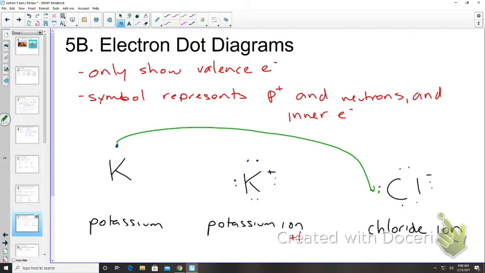And then you could get a compound, potassium chloride, okay? So again, valence or electron dot diagrams only show the valence electrons. Energy level diagrams will show protons, neutrons, and electrons in the actual energy levels. Okay?